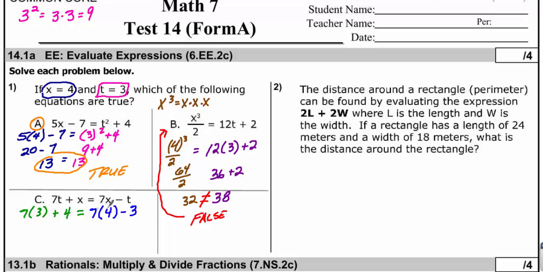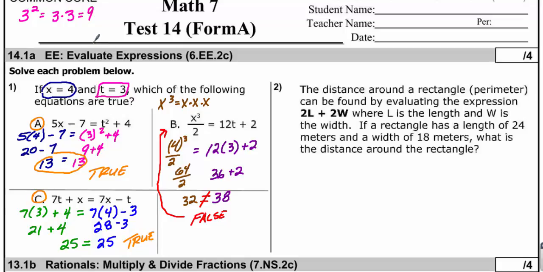So since I got the blue pen out, let me just finish this side. 7 times 4 is 28, minus 3. 28 minus 3 is 25. 7 times 3, back on the left side, the green side. 7 times 3 is 21 plus 4 is also 25. This is true. Whether you wrote true or you circled C, that one is true.